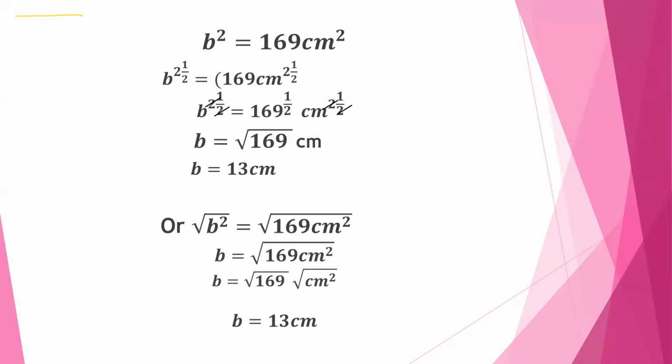Oh, you're welcome. Shiloh, you have a question? Yes, please. I understand perfectly that AC square is equal to AB square plus BC square.